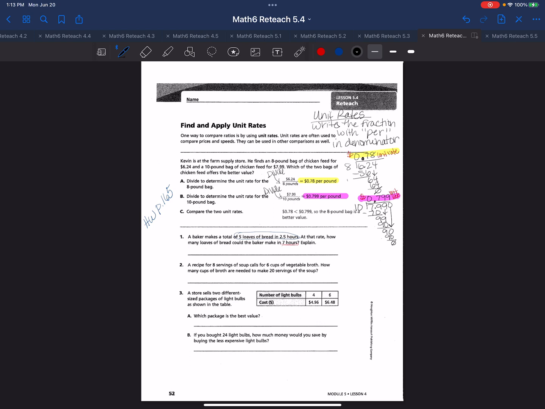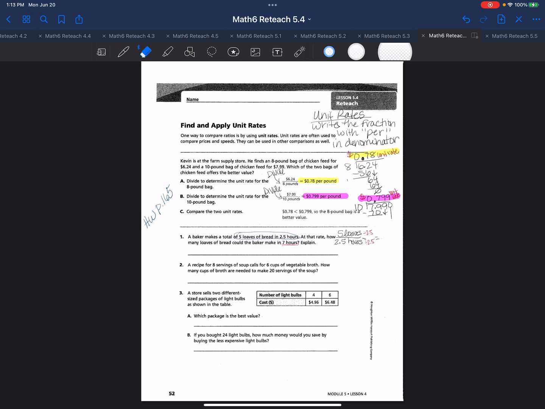So the first thing we need to do is find the unit rate. So if I have 5 loaves, make sure you're labeling the quantities, and 2.5 hours. I need to find the unit rate out of 1 hour. So my first strategy here is to do unit rate. So I'm going to divide by 2.5. I'm going to do an equivalent fraction here.